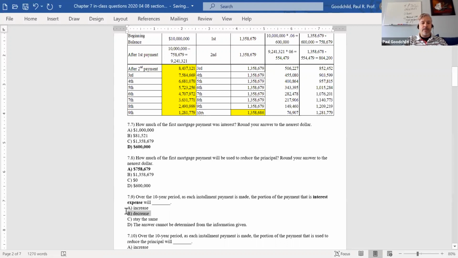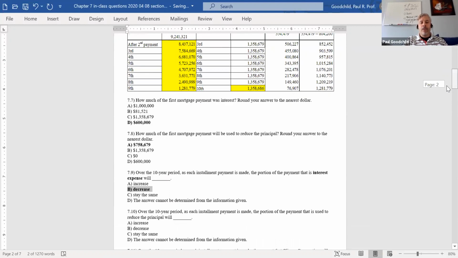So the interest expense portion is decreasing. Over the 10-year period, the amount that's reducing the principal is actually increasing. Since less is going to interest, more is going to principal. And so we have less to pay off.